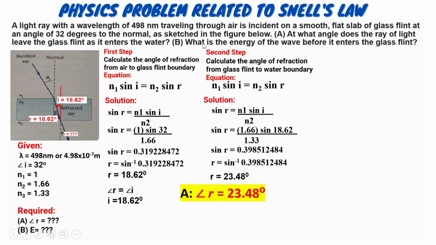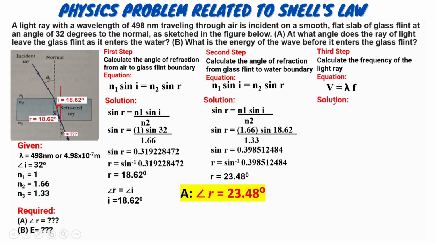Now we can proceed to answer the letter B, which is the energy of the wave before it enters the glass plane. To solve this problem, we can make use of the wave equation, where V is equal to wavelength times frequency.